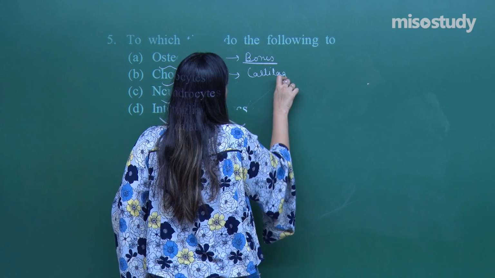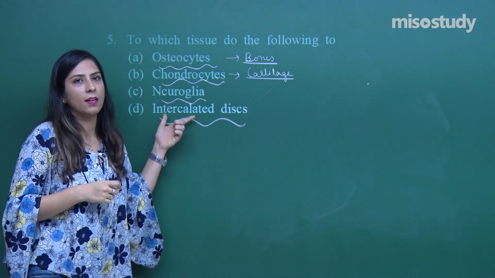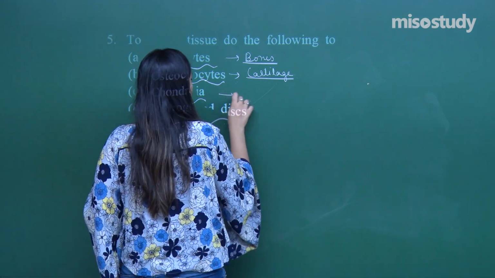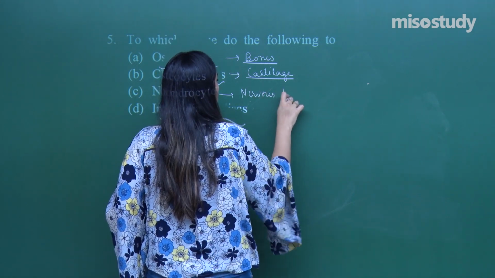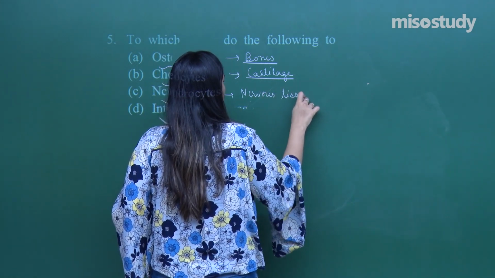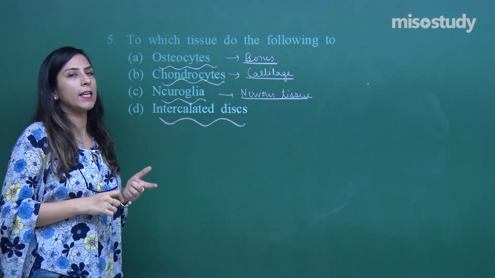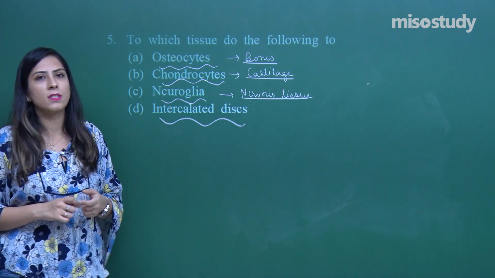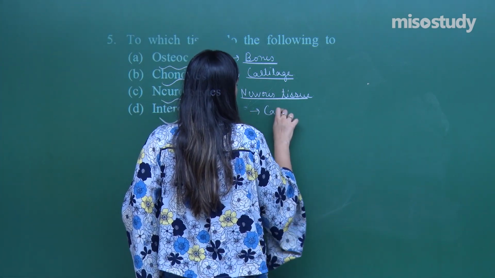Right, students? After that, the neuroglia. Neuroglia is present where? In the nervous system or nervous tissue, because they are asking about tissue. Next we have the intercalated disc. The intercalated disc is the disc which is present in the heart, in the cardiac muscle.